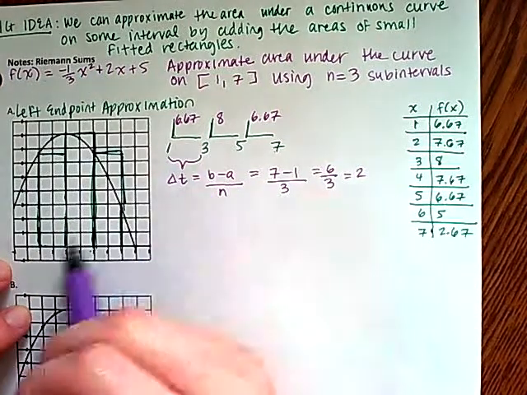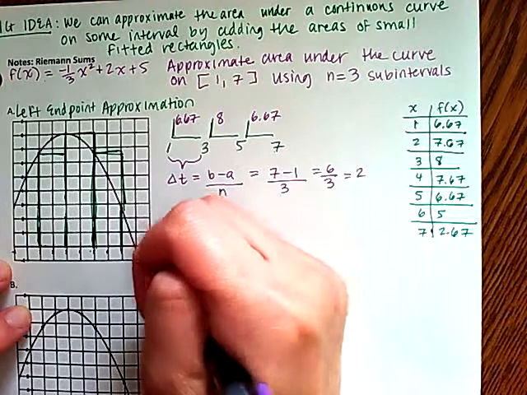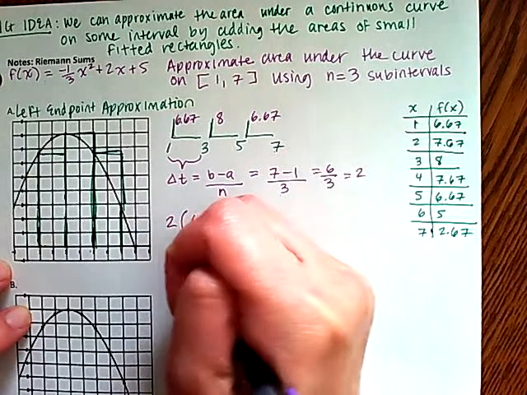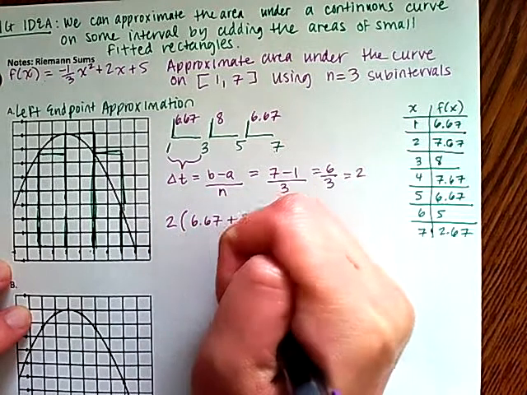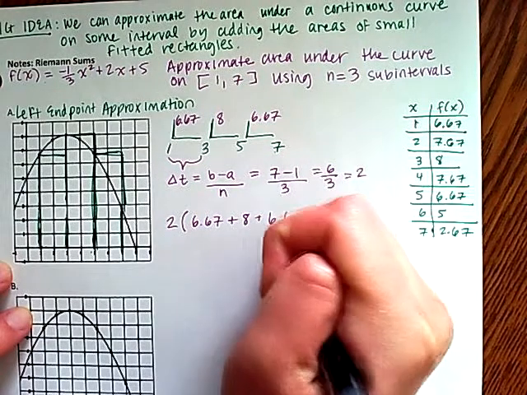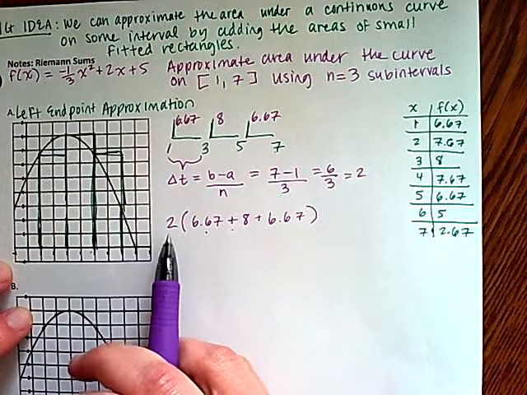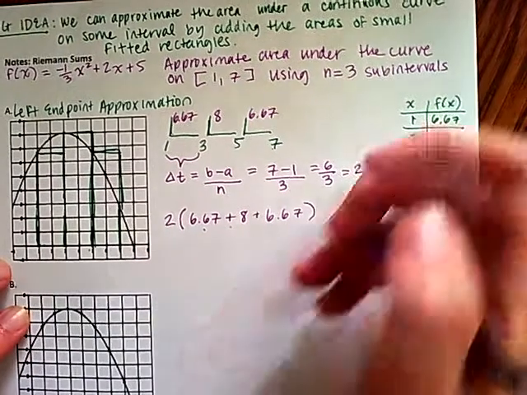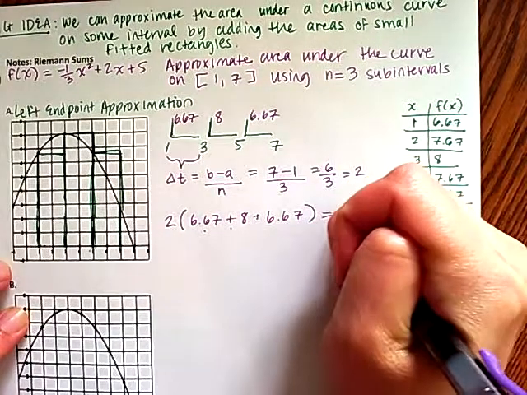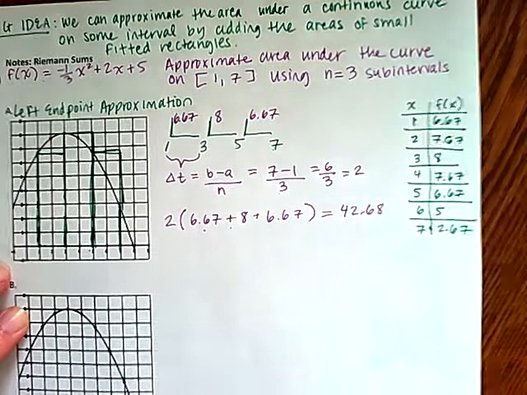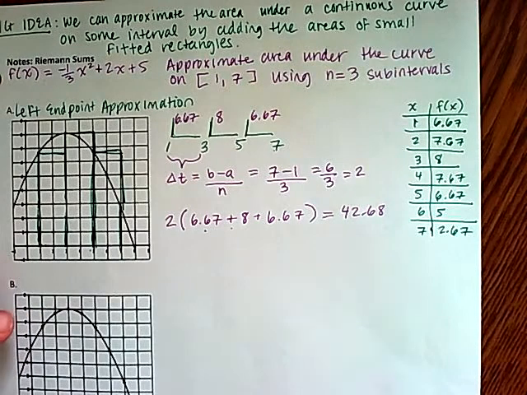Since the width of each subinterval is 2 each time, I could just sum them up and then multiply by 2 at the end, which is quicker. So I'm doing 6.67 plus 8 plus 6.67, all multiplied by 2, and this ends up being 42.68. So that would be a left endpoint approximation.